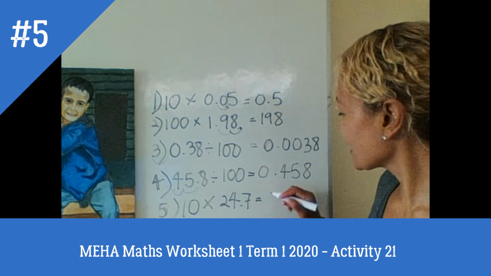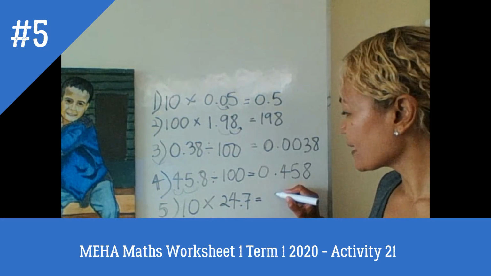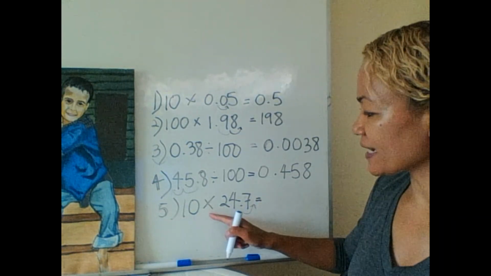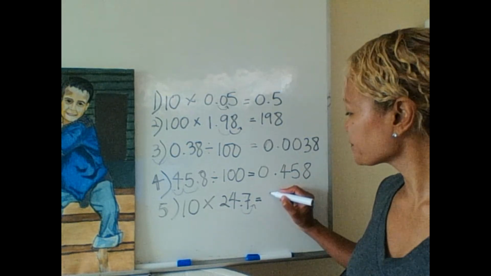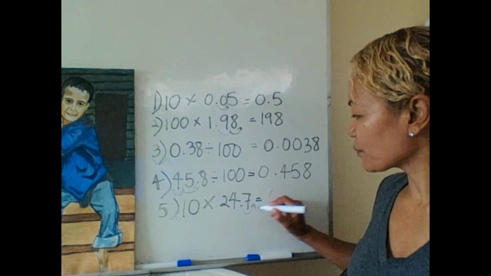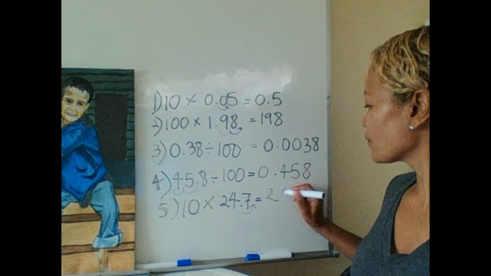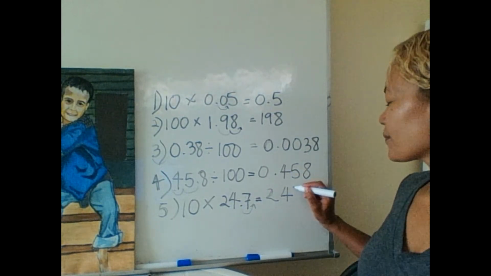Okay. So it moves in this direction because it's times, to make the number bigger. Only 1 place, sorry. 2, 4, 7.